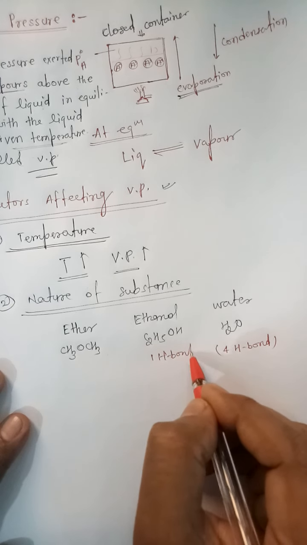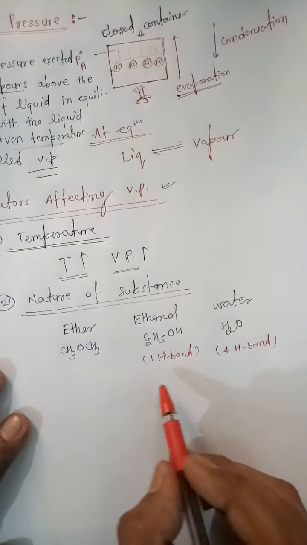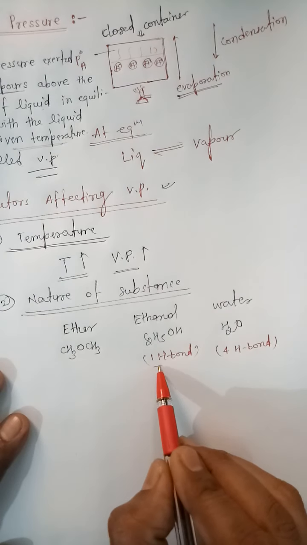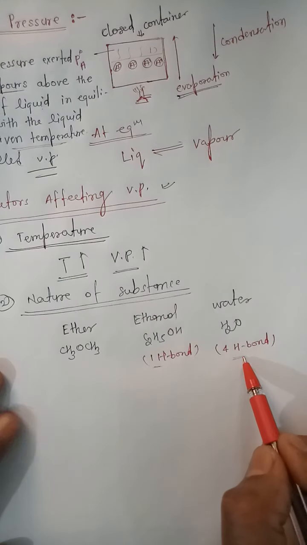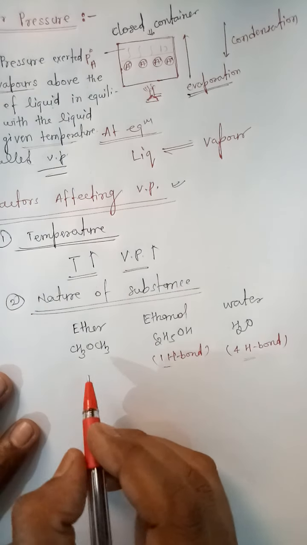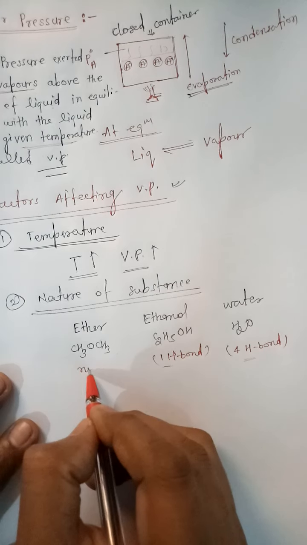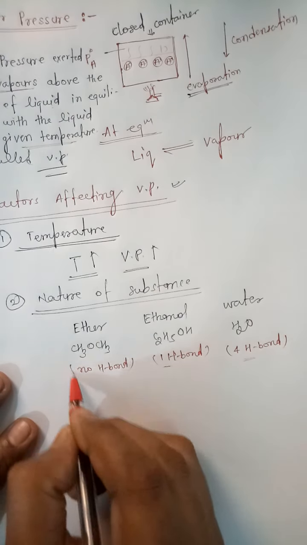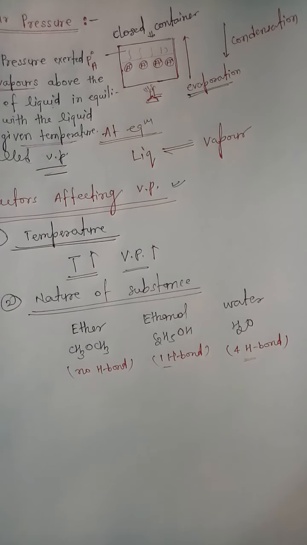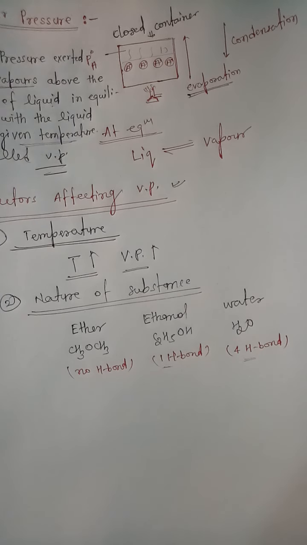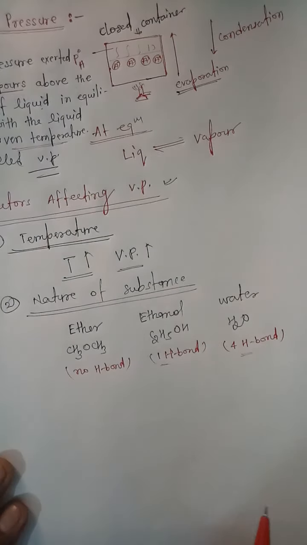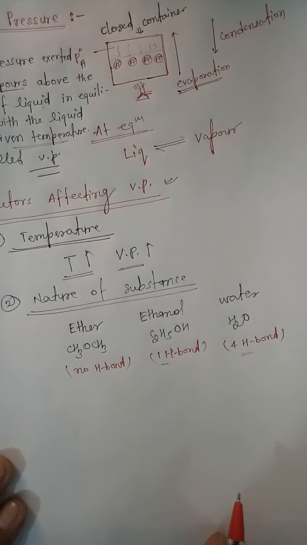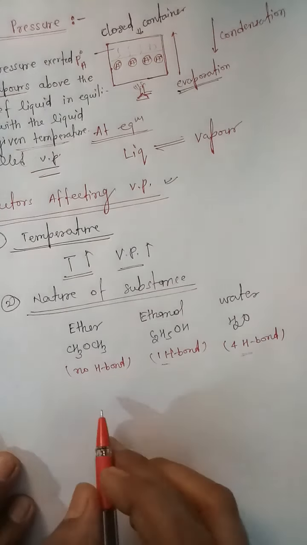Ethanol also forms hydrogen bonds, but fewer, and ether can't form hydrogen bonds, no H bond in this case. So if the force of attraction is weak between the molecules, vapor pressure will be higher.